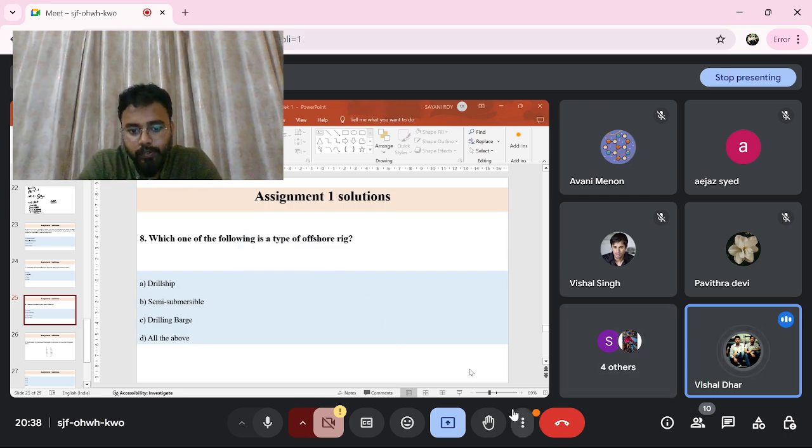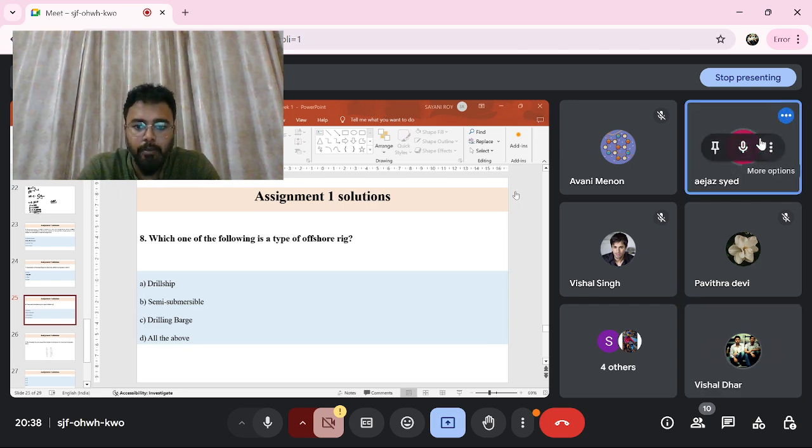Sayed, any guesses? Sir, I think C, drilling barge.